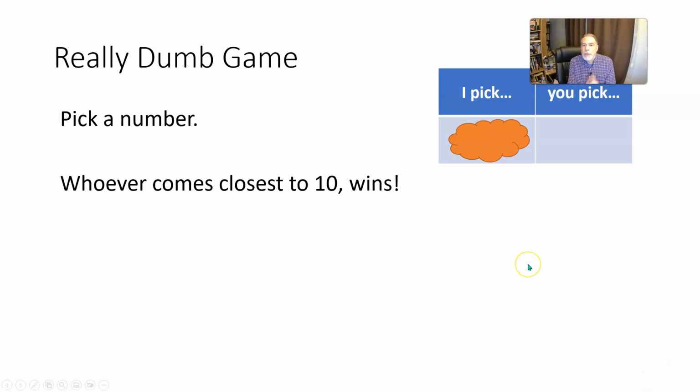Okay? So my number that I picked was 10. So whatever you pick, the best that you can do is to tie with me. You can't get any closer to 10 than 10 itself. So if you picked anything other than 10, I win. I'm closer to 10 than you are. And if you pick 10, well, it's a tie.